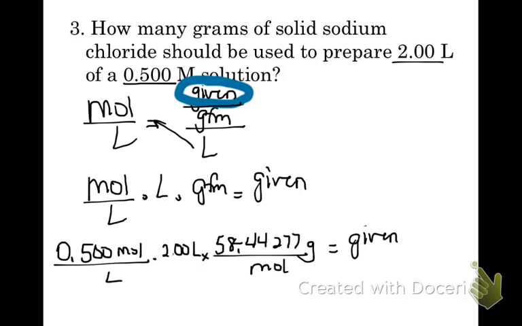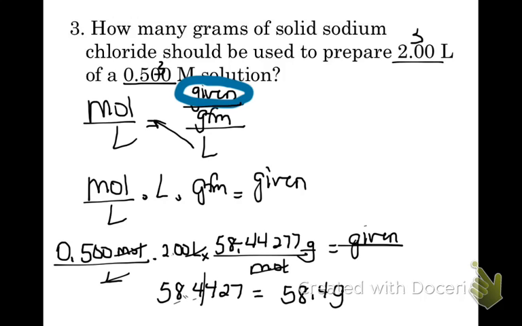So let's see if we can cancel out some units. We have moles here and here, liters there and there. We're left finally with grams, which is the unit that we want at the end. So I punch this into the calculator. I have 58.4427, etc. So I know I have 3 sig figs here, 3 sig figs there, so I go 1, 2, 3, and that ends up being 58.4 grams of NaCl.